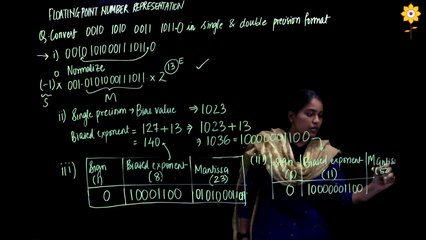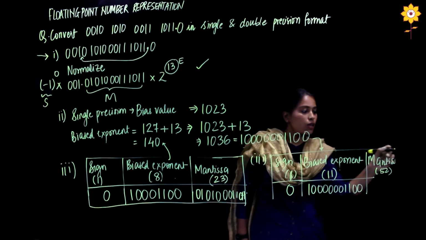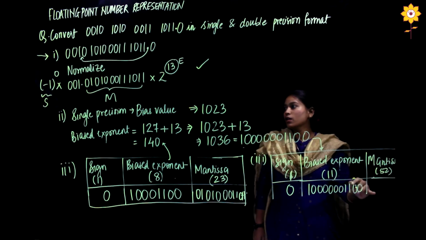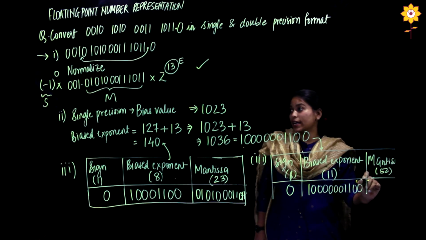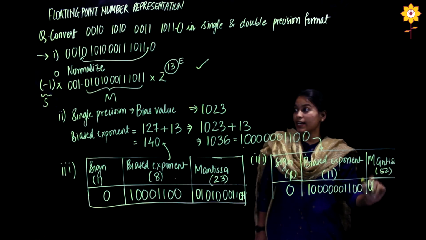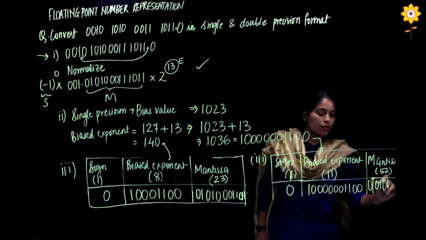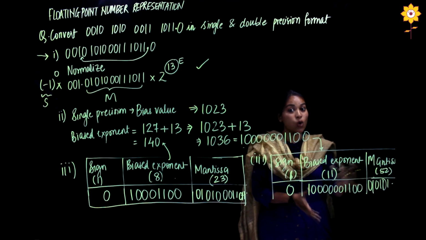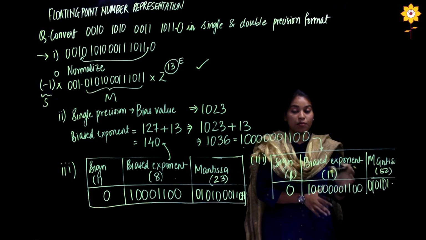And this is 52 bits. So you write the entire mantissa over here and then put dots at the end. So in the paper you will have to write the entire thing. Since there's no space, I'm only writing few numbers and then putting dots. Again I'm repeating, you have to put dots at the end or zeros at the end, not in the beginning.